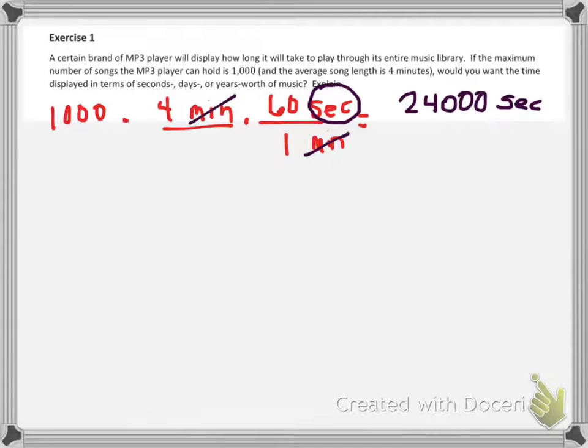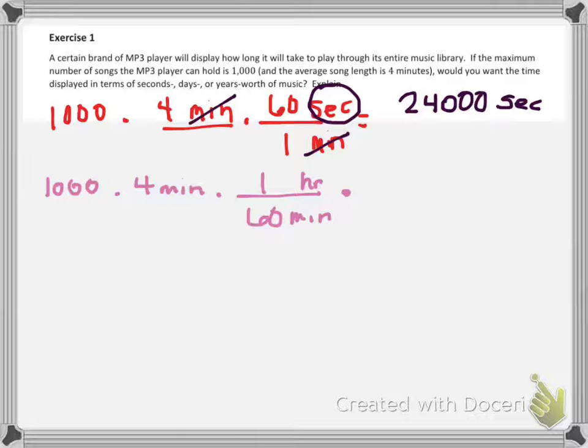And then let's see what it would be if we use days. I'm going to have 1,000 songs. They're 4 minutes each on average, and I need to change now into days. So I'm going to change my minutes into hours, and I know that there are 60 minutes in 1 hour.